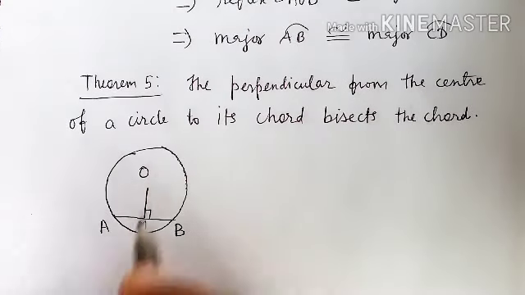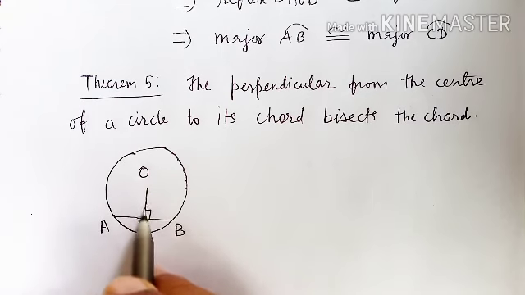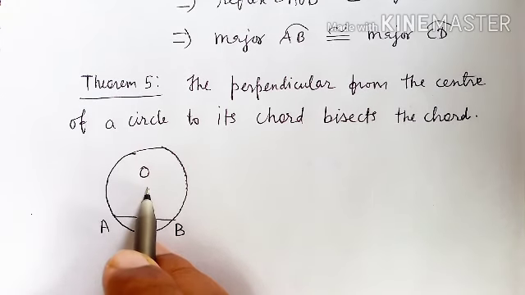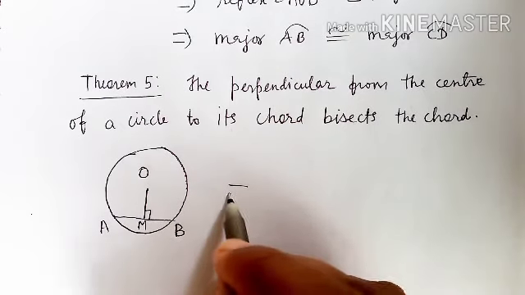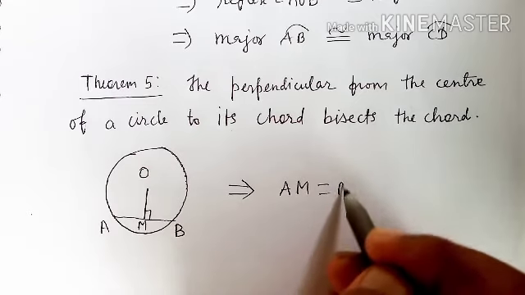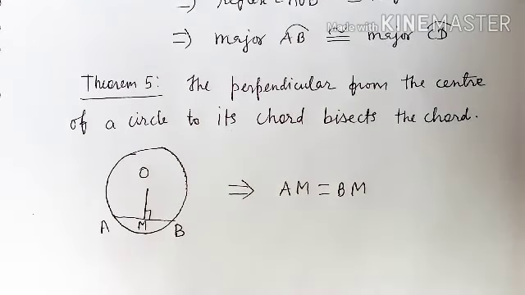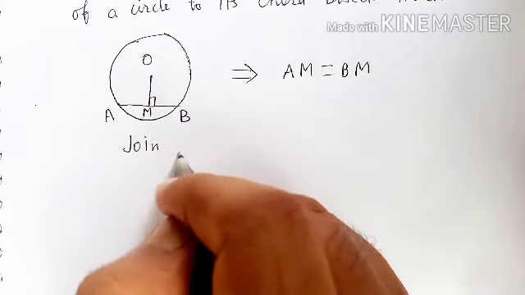Here in circle with center O, OM is the perpendicular from the center O to its chord AB. According to the theorem, this implies that AM is equal to BM. Let us prove it. For that, join AO and BO.